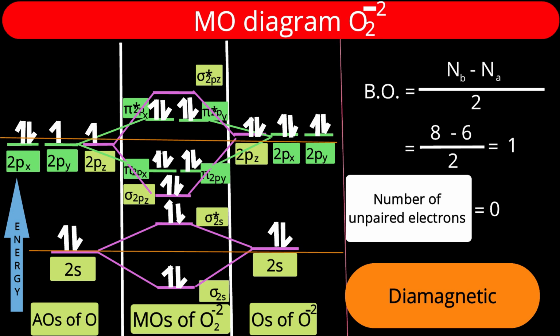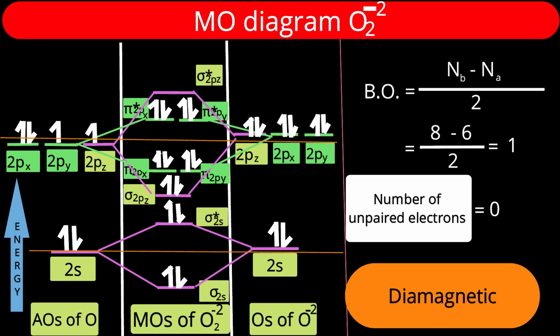If you read the diagram carefully, bonding orbitals will be more towards the atomic orbitals of oxygen, and antibonding orbitals are more towards atomic orbitals of O minus 2. So bonding orbitals will be with more contribution of oxygen and antibonding orbitals will be with more contribution of O minus 2.